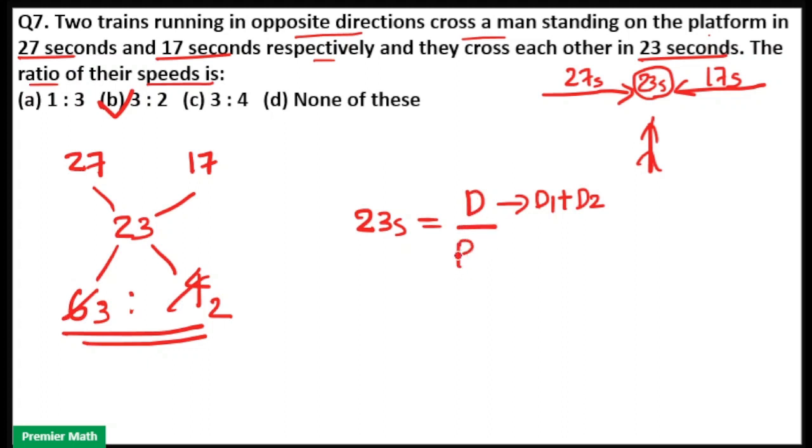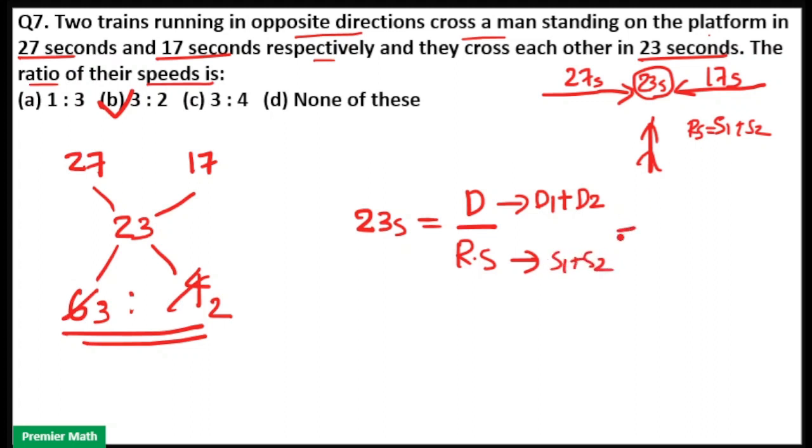And speed is equal to relative speed. Both trains are traveling toward each other, that is in opposite direction, that means relative speed will be S1 plus S2.